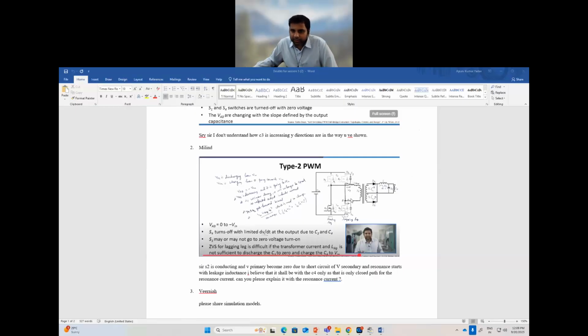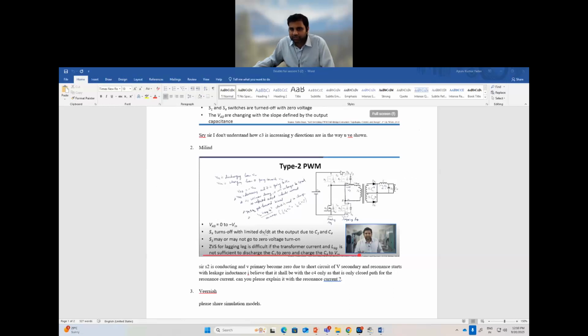So current has to find a pathway, that's why it is going through the C3 and C4 capacitors. Now in this particular case, because of the secondary winding which is short circuited, the primary winding voltage is 0, so the circuit will be L leakage, short circuited primary winding, and then C3 comes in parallel to C4, and that will go around and come via the S2 switch back to the L leakage.